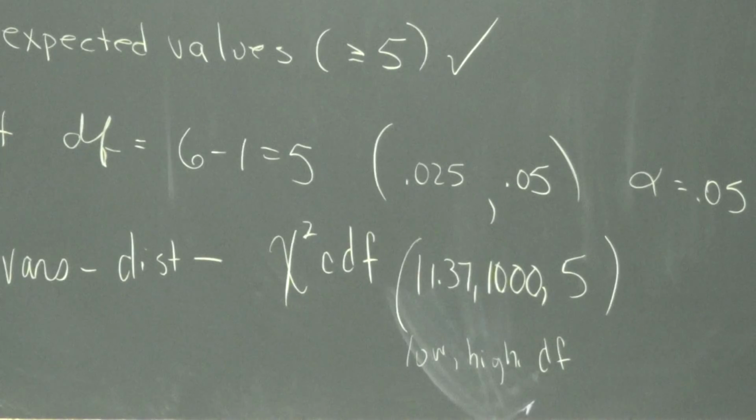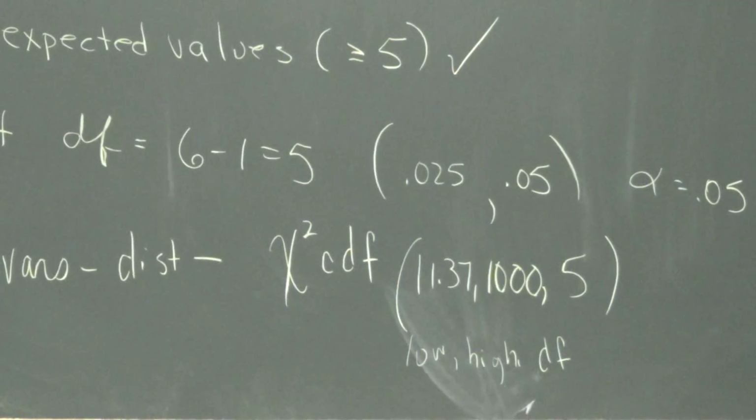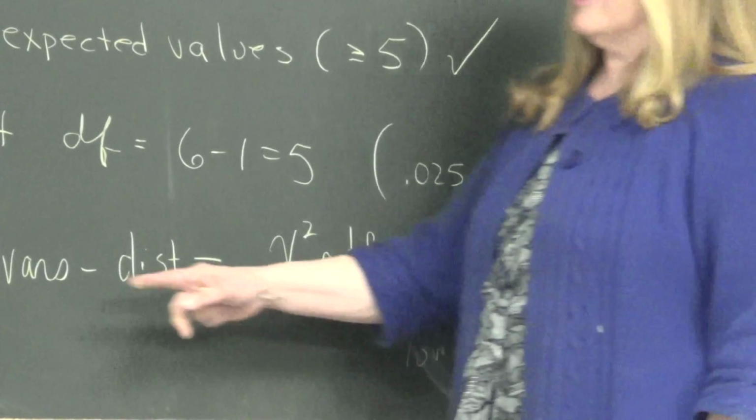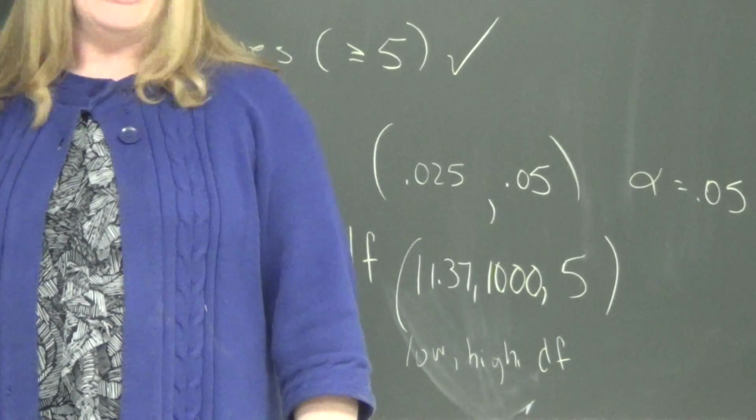Yep. 0.04 is between 0.025 and 0.05. All right. Probably 10 isn't going to work because it's on the wrong side. So we have to go at least greater than 11.